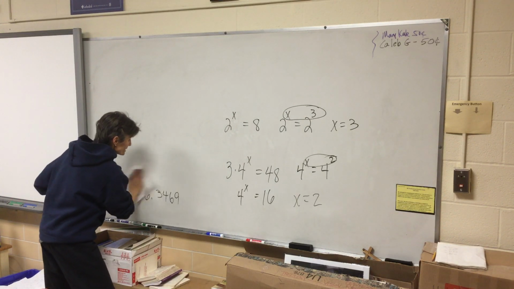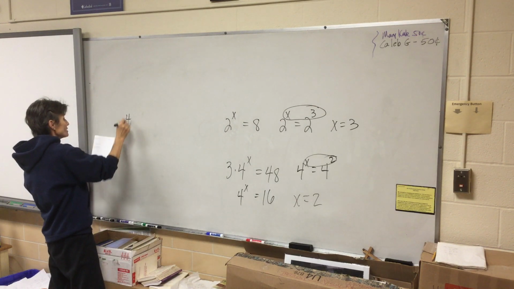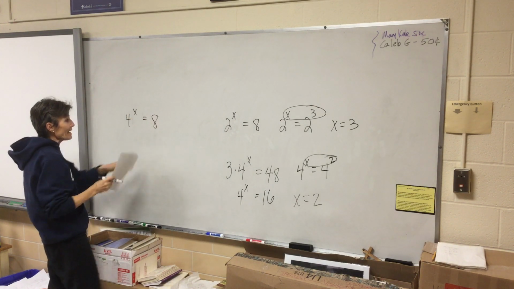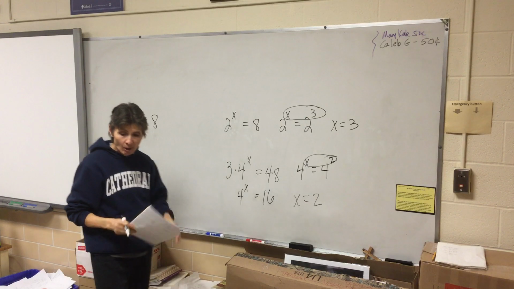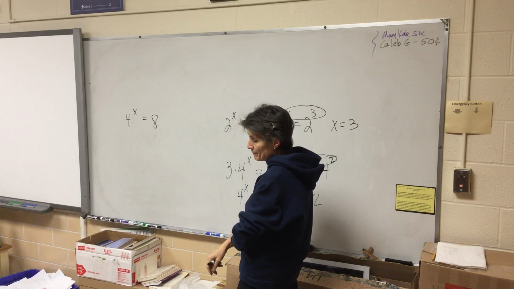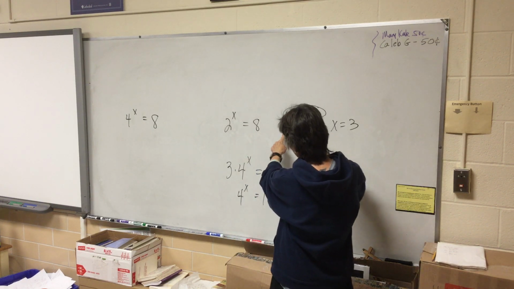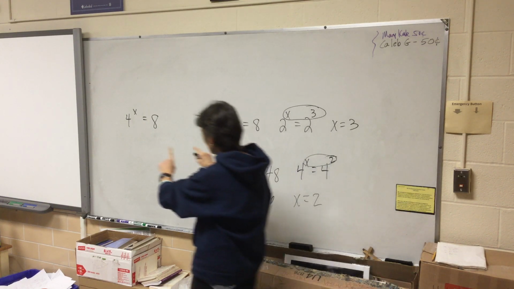It's not quite as easy because 8 is not a power of 4, or at least an integer power of 4. So the idea is these two numbers have to match.